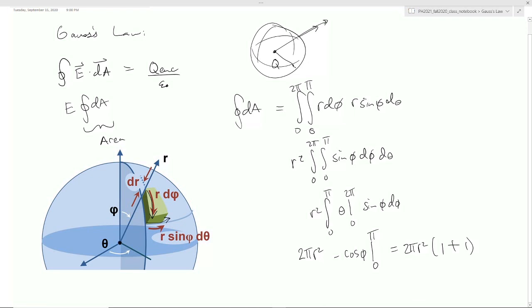In other words, 4 pi r squared, the area, but explicitly done by integrating the differential area element in spherical coordinates. So hopefully this gives you all the detail about how this is actually an integral.